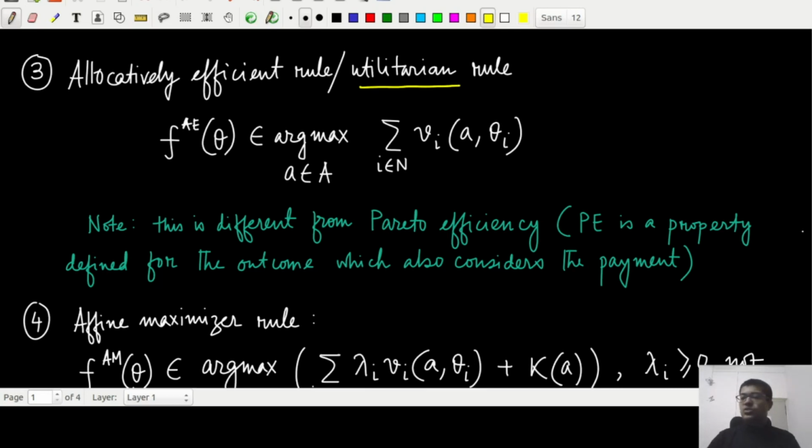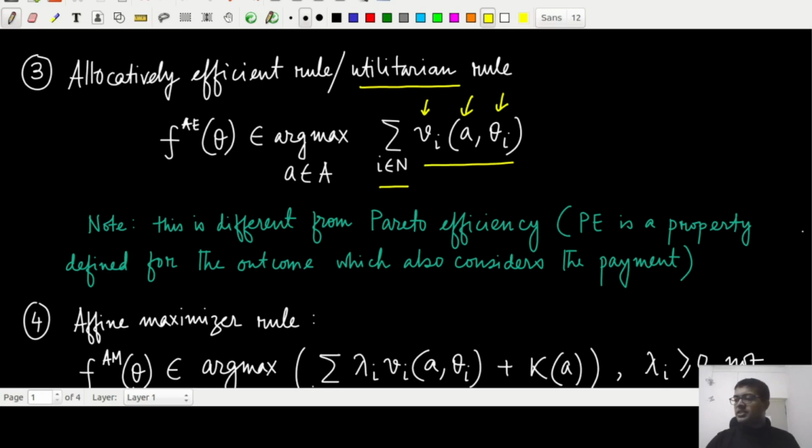So what does it do? It looks at the sum of the valuations of all the players. In this case, player i has this valuation function which is denoted by v of i, and if you fix a particular allocation a and the type of player i is theta i, then this is the valuation that player i gets. Now sum it over all the players. So this is the sum of the valuations.